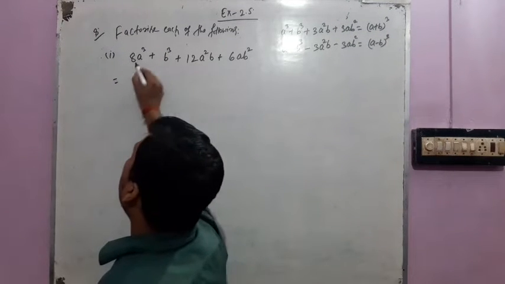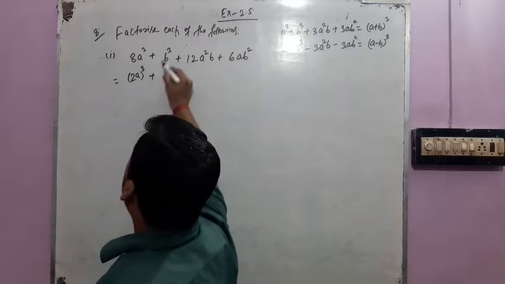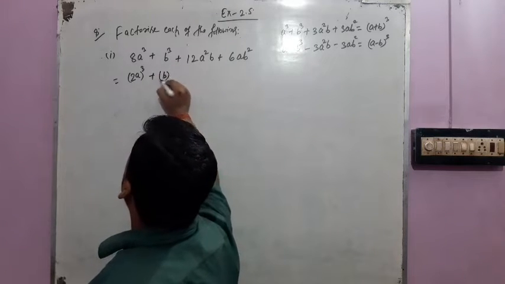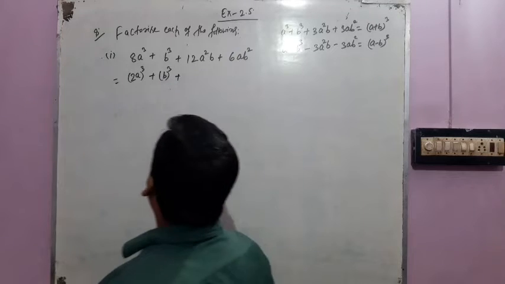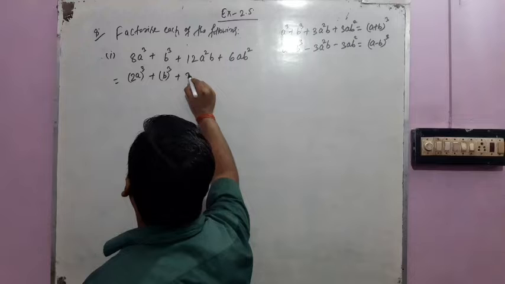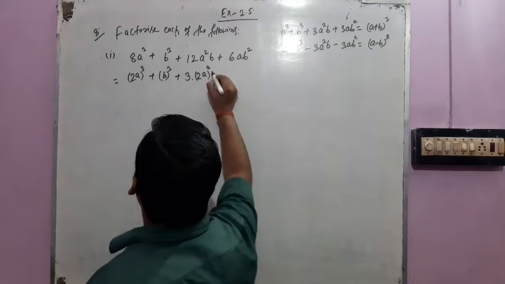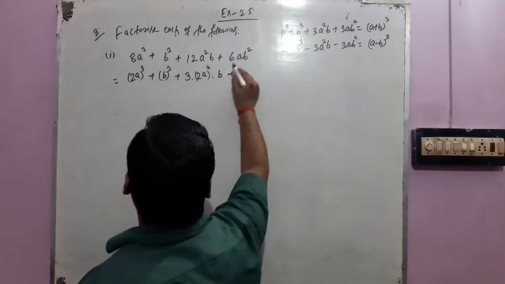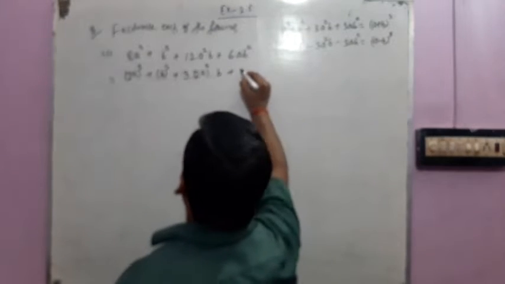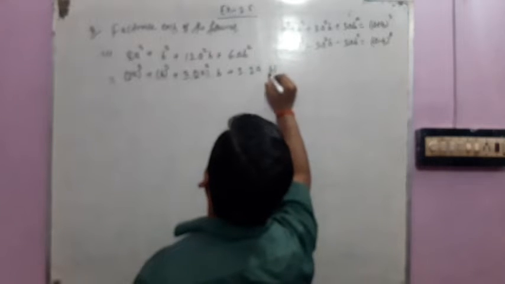Now we can write 8a cube as whole cube of 2a, b cube we can write as whole cube of b. Now 12a square b, that we can write in the form of 3 into the square of 2a into b, and 6ab square we can write in the form of 3 into 2a and b square.